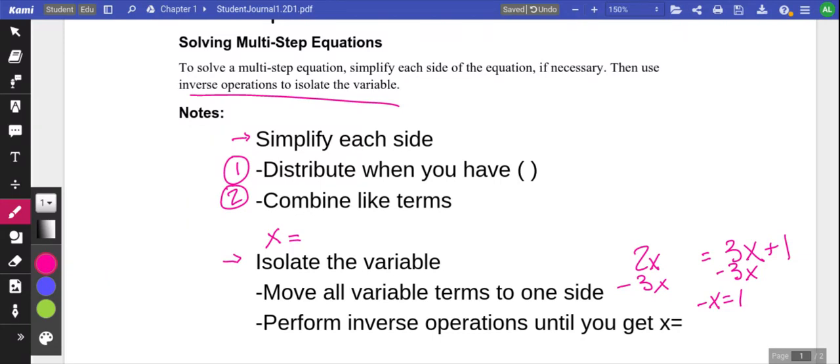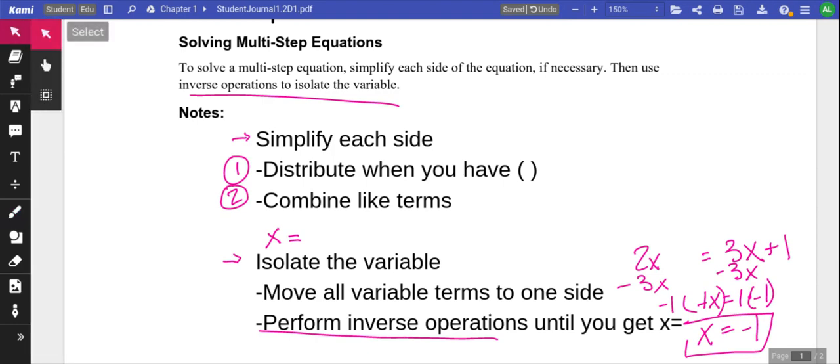And then you want to continue performing these inverse operations until you just get x is equal to something, until you isolate that variable. So in this example, you'd see, okay, I'm multiplying x by a -1. So if I multiply each side here by a -1, -1 times -x is positive x. 1 times -1 is -1. Okay, we'll look at a couple different examples.